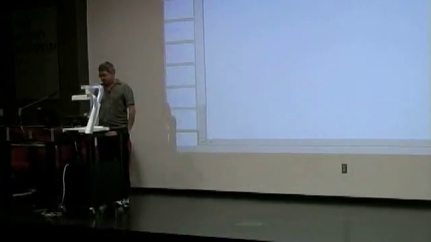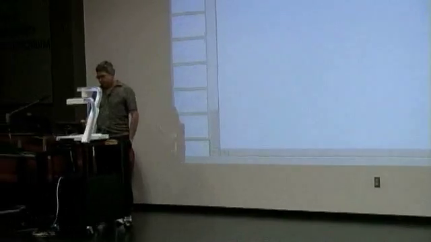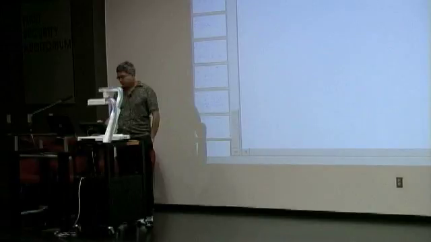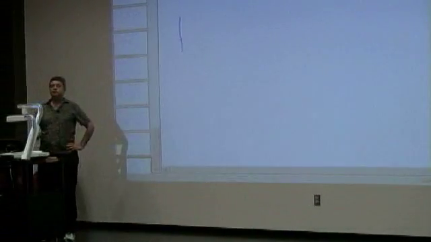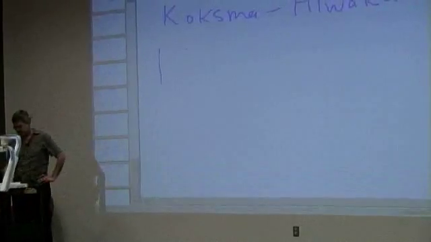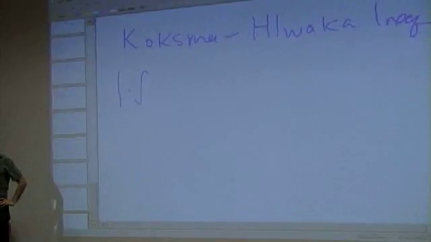Let me begin with just recalling the Koksma-Hlawka inequality, which Dima Bilyk mentioned in his talk, and which concerns the question of integrating.